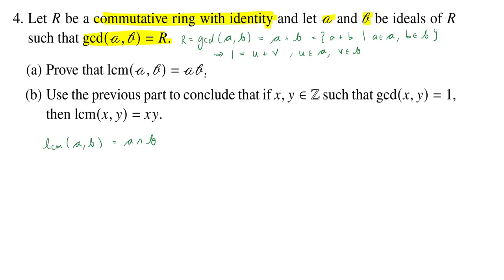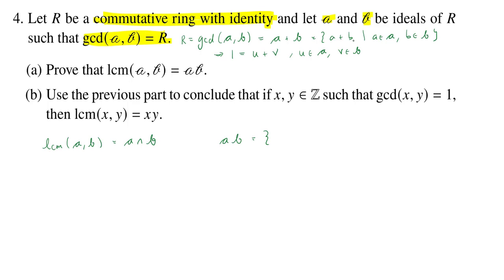Well, what does the product of A and B mean? The product of two ideals: remember, if we look at the sum of two ideals, we might be tempted to say it's all products of elements from A and B. And that's great, except for this teeny little problem that it doesn't give you an ideal. You have to take sums of all such products, because ideals need to be closed under addition.